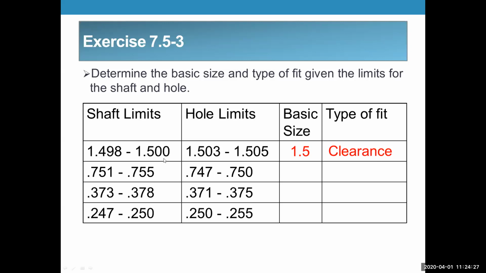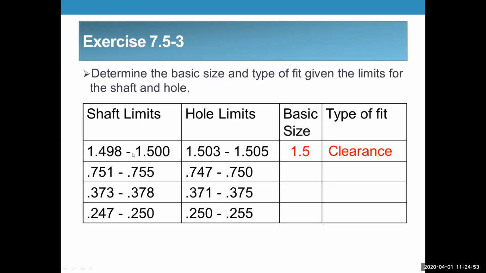Because no matter how big our shaft is, it's still going to go in the hole, because the hole's minimum size is 3 thousandths bigger than the largest shaft. So this is what you have to look at to find out what type of fit you have. You look at the smallest hole and the largest shaft, and if the hole is bigger than the shaft, then it's clearance.